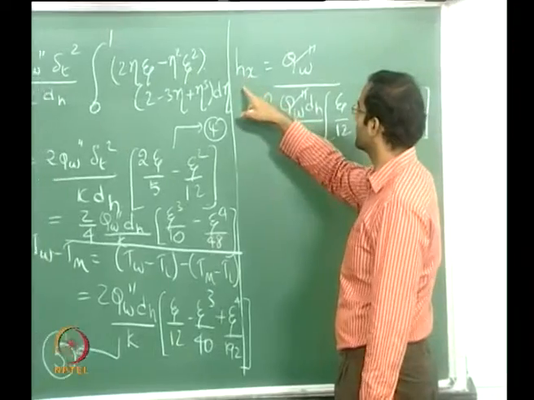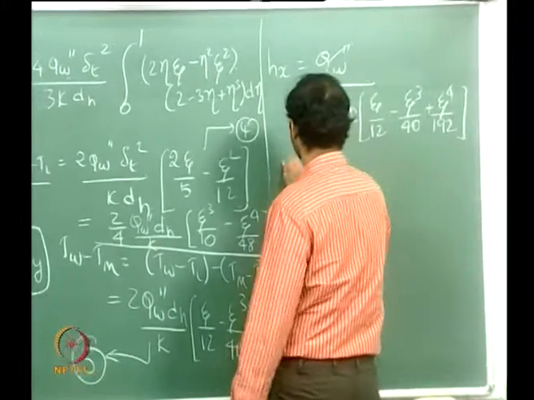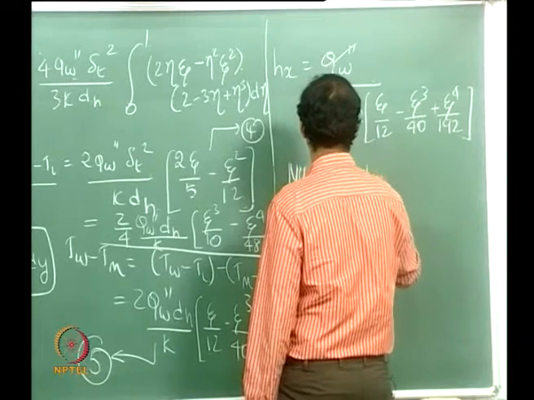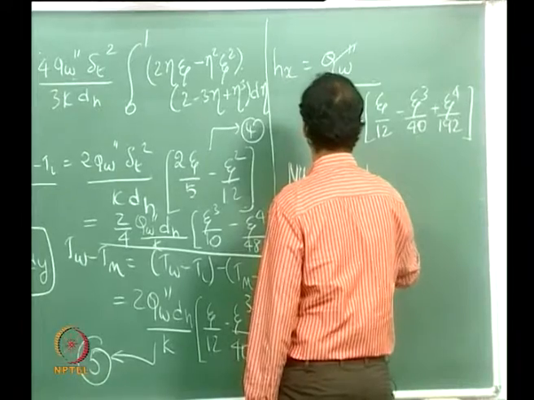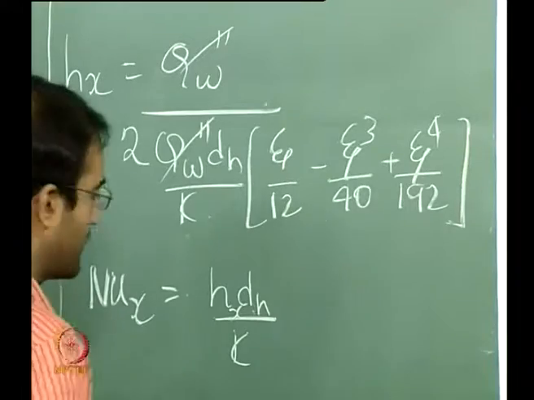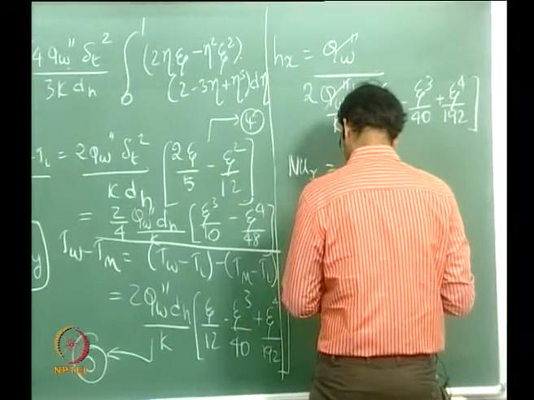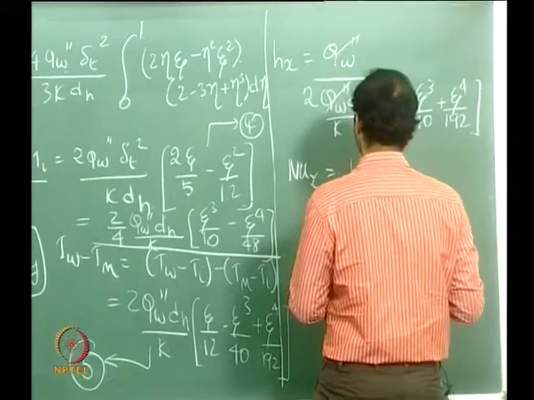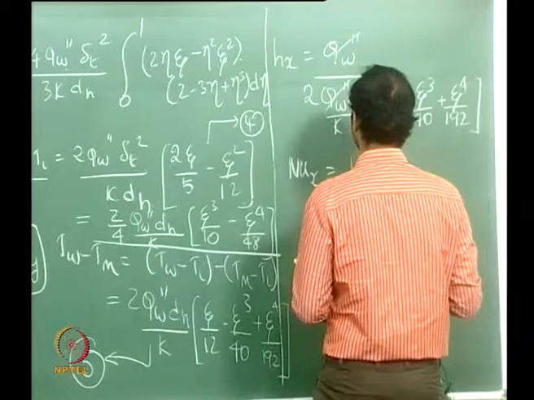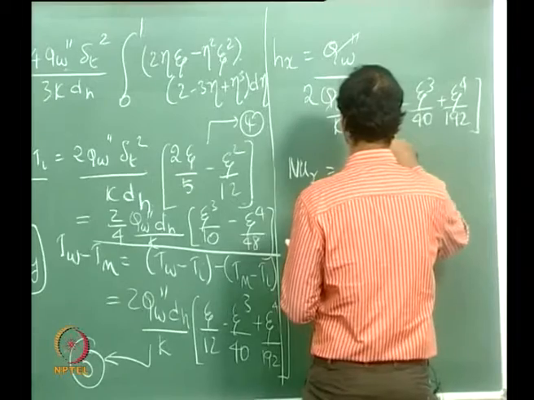You can see that this can be written as Hd by k. Okay, so my Nusselt number in the thermally developing region, which is based on the local heat transfer coefficient times the hydraulic diameter divided by k, comes out to be of this form. I can also take some terms common from here.